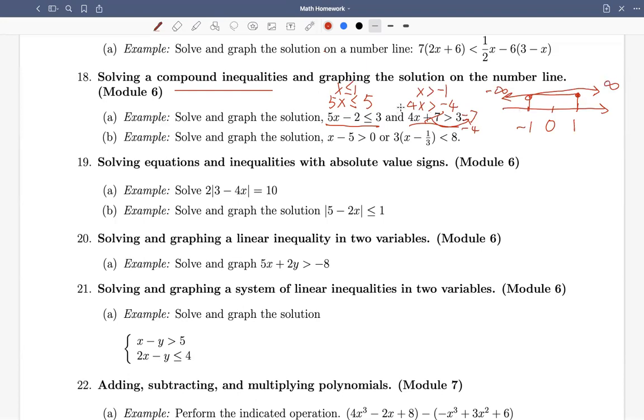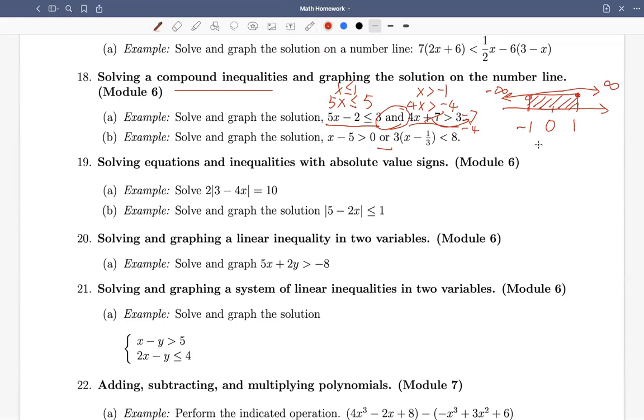So "and" means the intersection of those two solution sets, versus "or", which is the union of the two sets. This is the "and". And means the overlapping part, the solution for both. That's this.